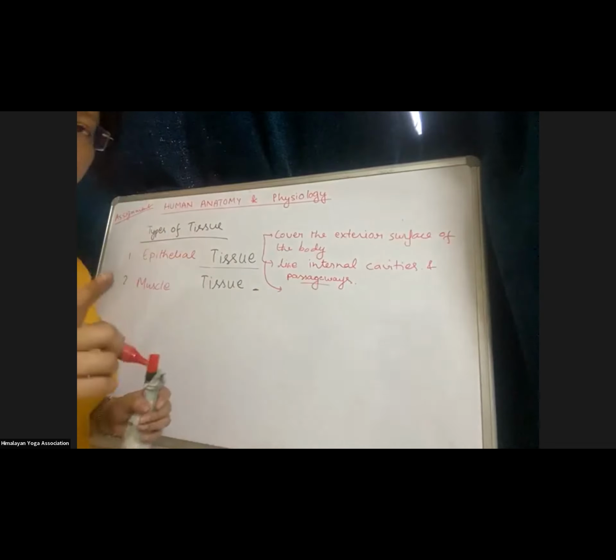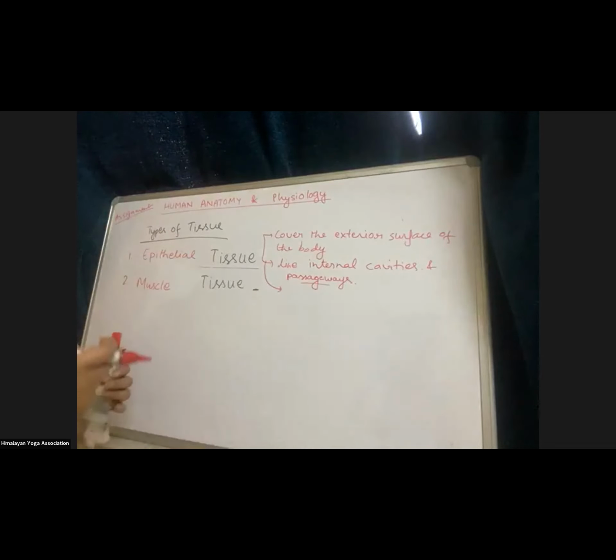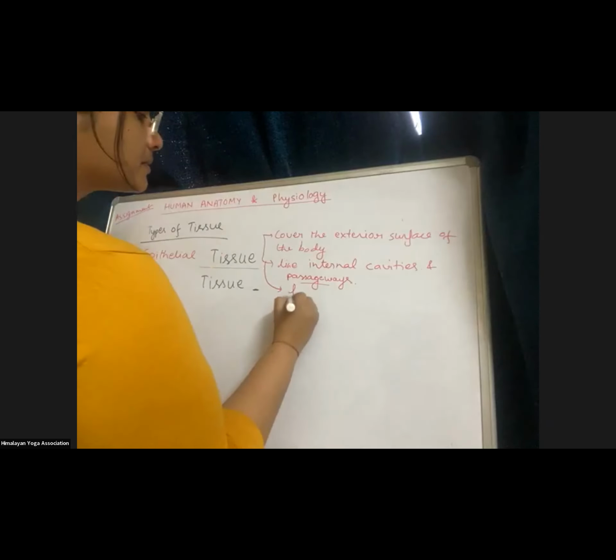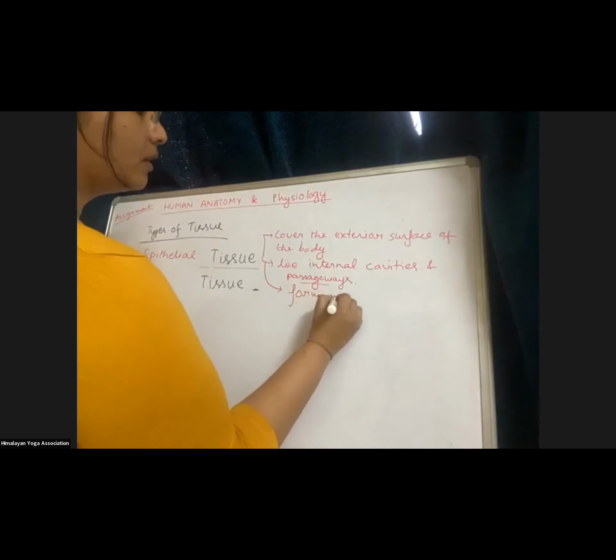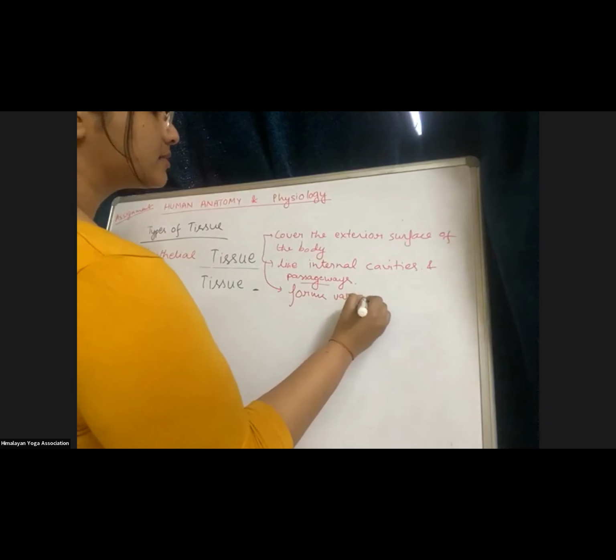Passageways, like the esophagus. The lining of the esophagus is made up of epithelial tissues, and then it forms various glands.